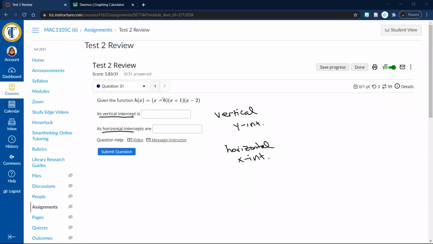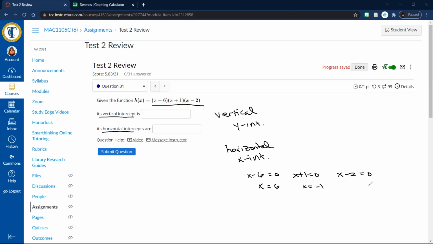If we're given this, what are the x-intercepts? Careful, you have x minus 6, so the x is the opposite; x plus 1, x minus 2.